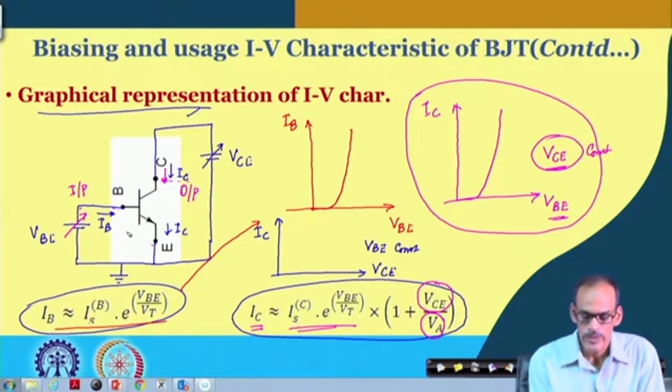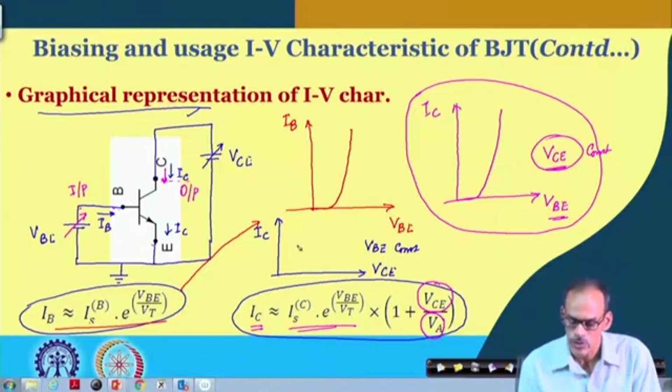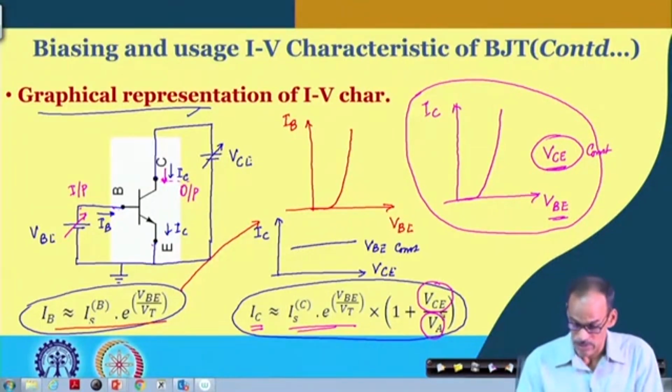If I assume that this second junction, namely the collector-base junction, is remaining reverse biased, then this equation represents that the dependence is very weak. Depending on the value of the parameter VA, there will be slight change.